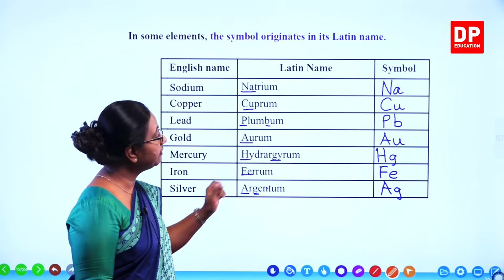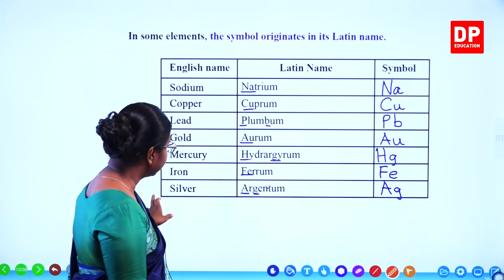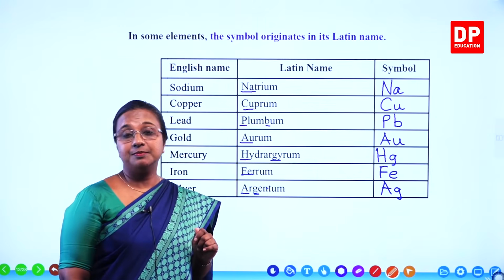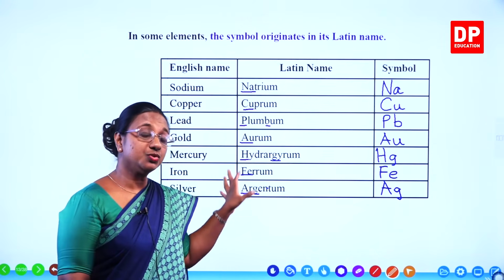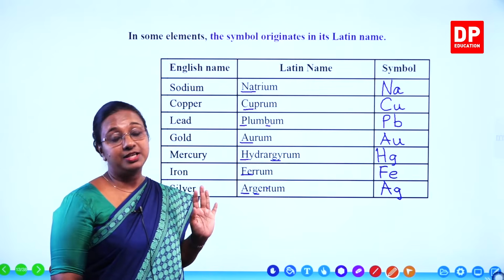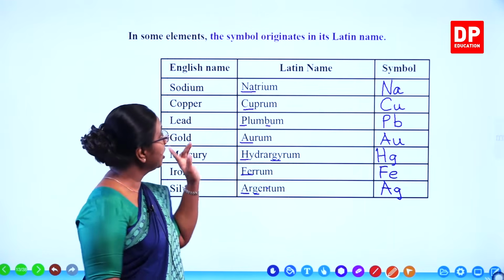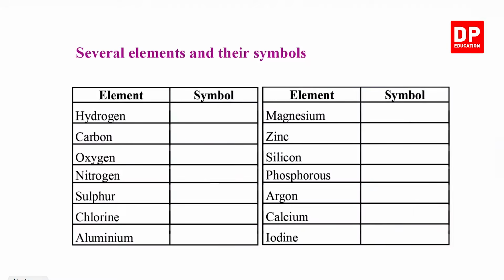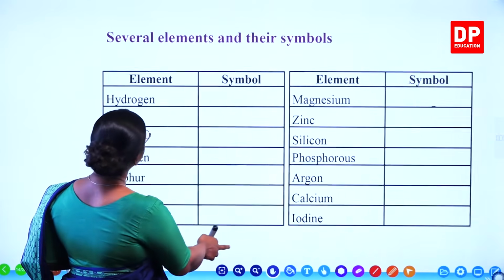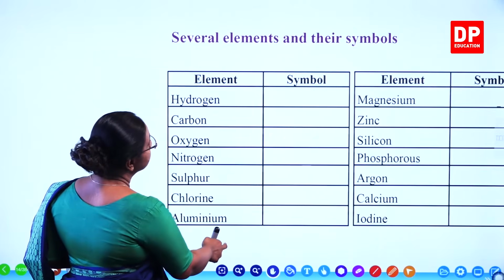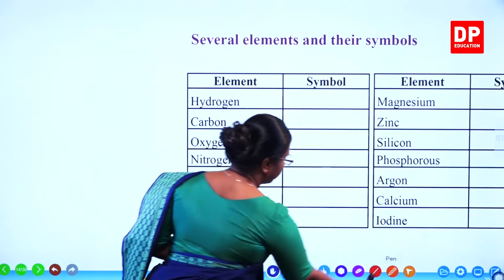And iron, ferrum, Fe. And silver, argentum, Ag. So those are some symbols that you have to remember. With that, I will move on to the next slide where we discuss some more examples. So several elements and their symbols are given to you.